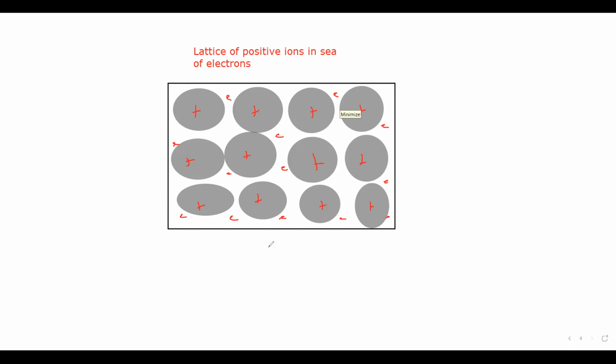Yes, we can draw any number of electrons and we can draw anywhere. That's right, because these electrons are not stationary, they are free to move, so you can even shade the region, that is also acceptable.